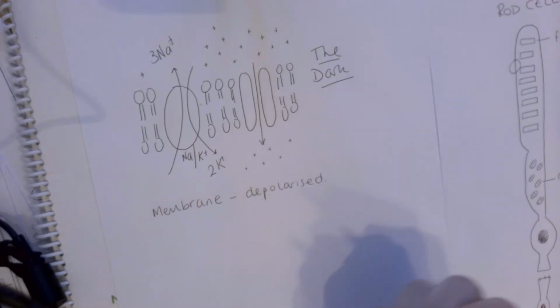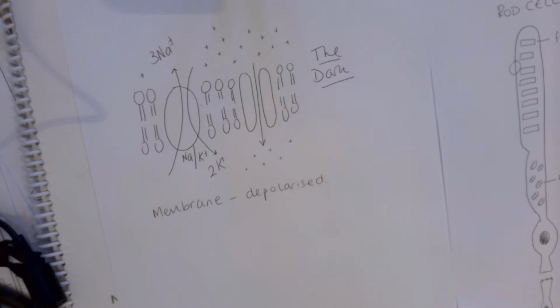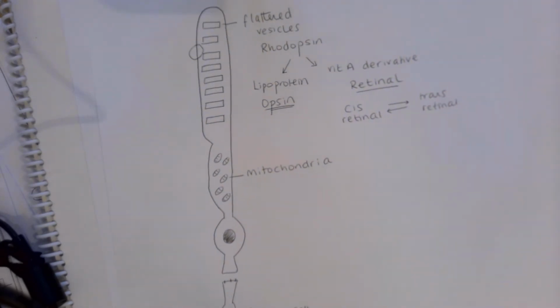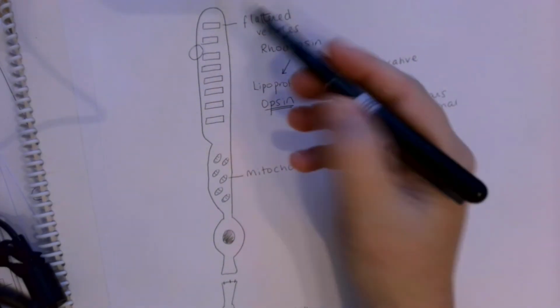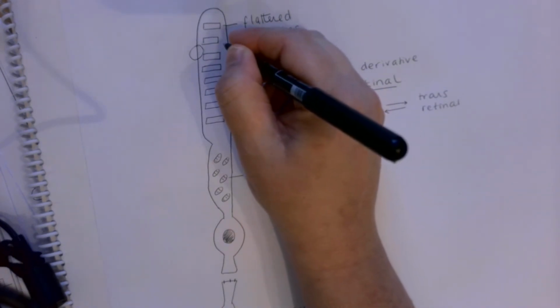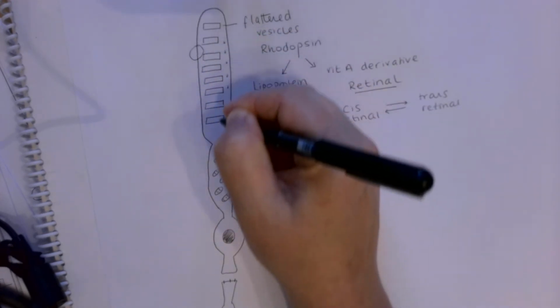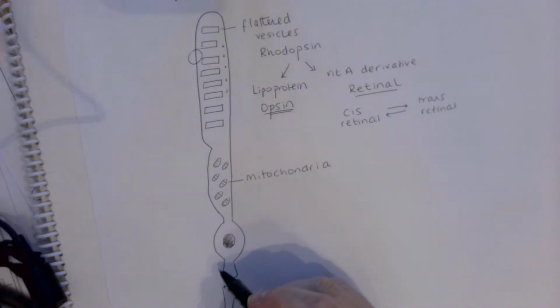Now, as we go down the cell, we're making the inside more positive, and as this spreads down through the cell, we're going to get to the end here where the synapse is.